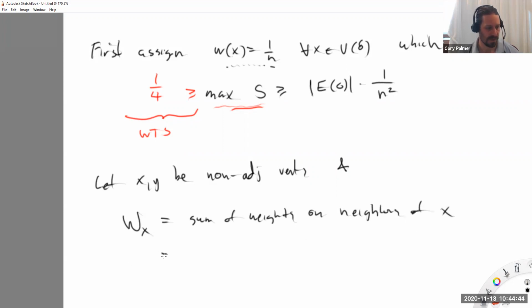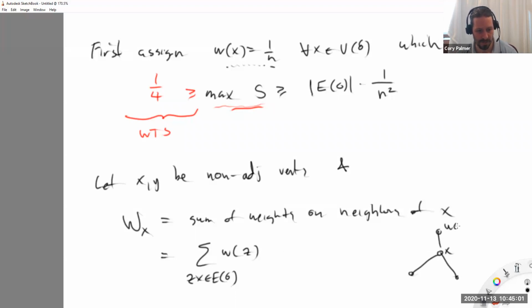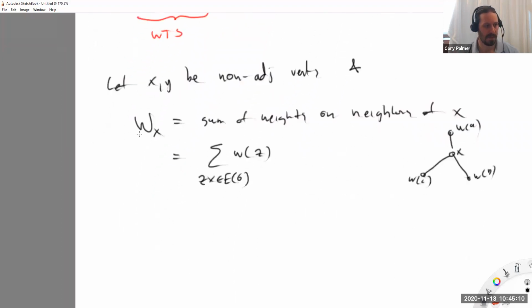Okay, so in other words, big W of x is simply the sum of the weights of z, where zx is an edge of G. Okay, that's what big Wx is. So again, let me draw a different picture here. If this is x, then big Wx is Wa plus Wb plus Wc. Okay, it's just the sum of those things. And big W sub y is the same for y. It's the sum of the weights of the neighbors of y.